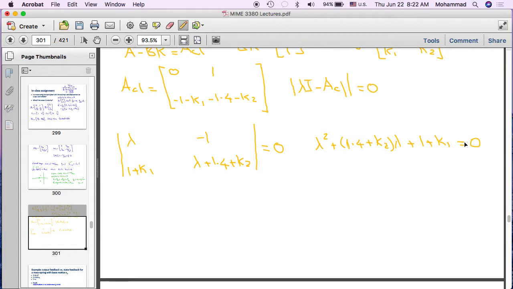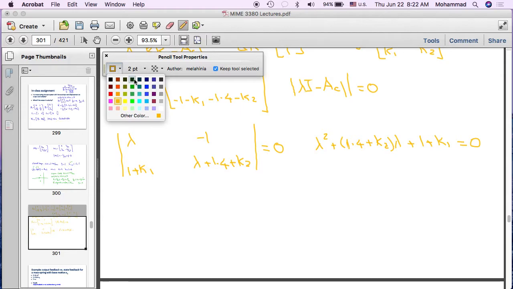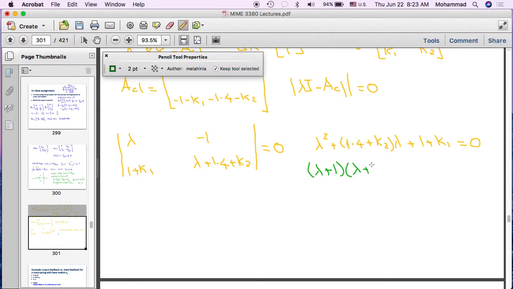This characteristic equation with proper values for k1 and k2 should give you another characteristic equation that will give you two roots, both located at -1, which means the characteristic equation that we want is like that. So what we want to have is lambda plus 1 times lambda plus 1.